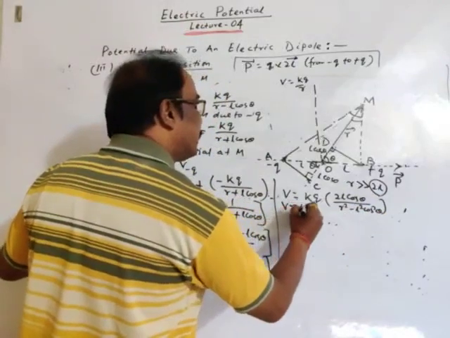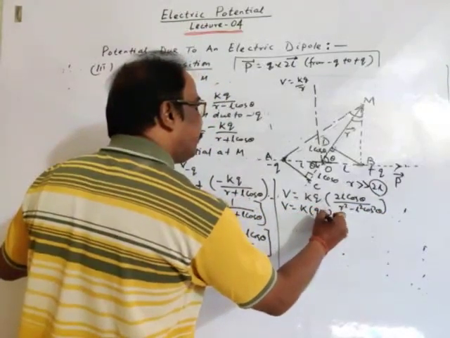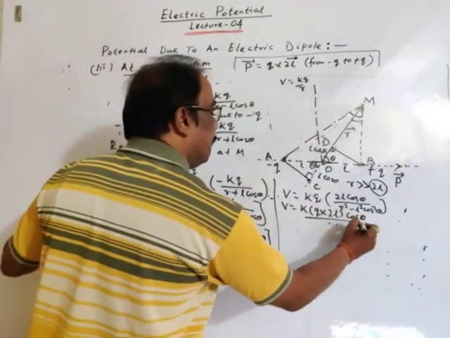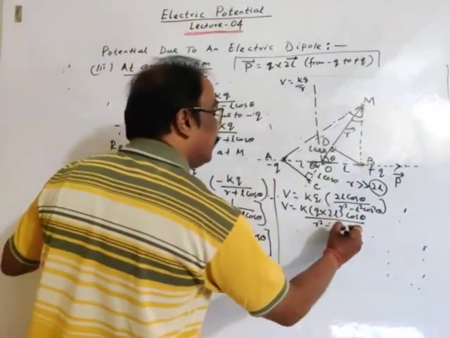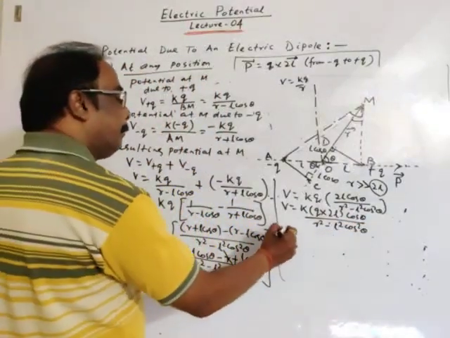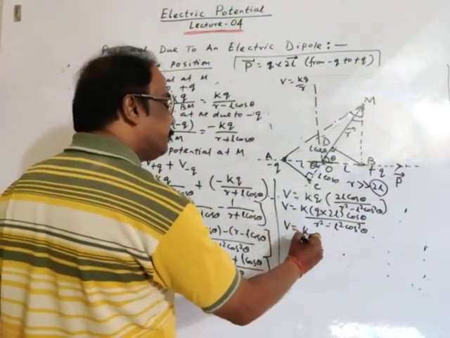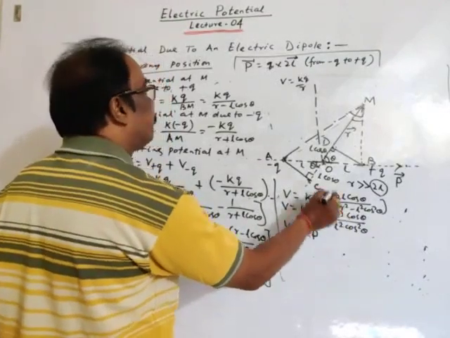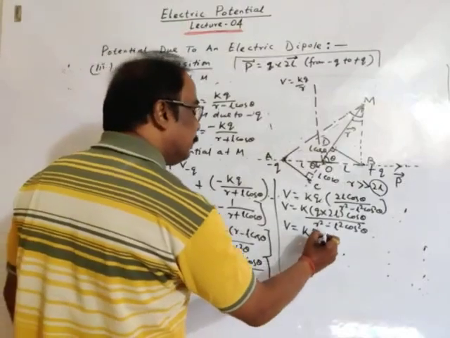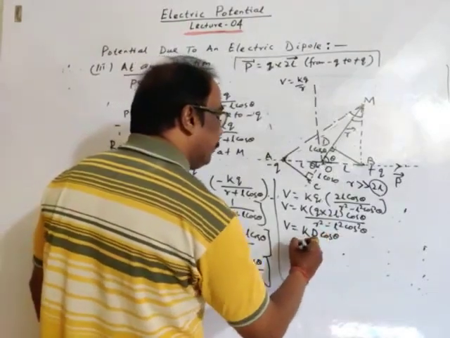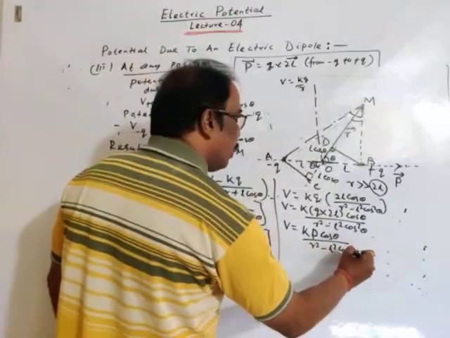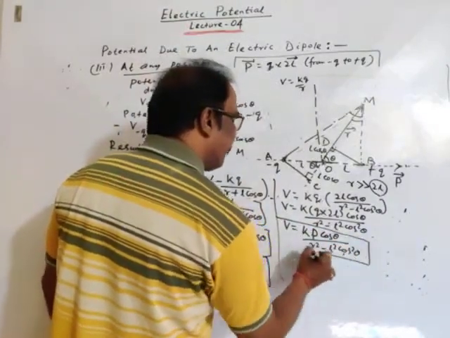Then potential is k into q into 2l cos theta divided by r square minus l square cos square theta. Then the final expression is k into p cos theta divided by r square minus l square cos square theta, where q into 2l is p, the dipole moment.